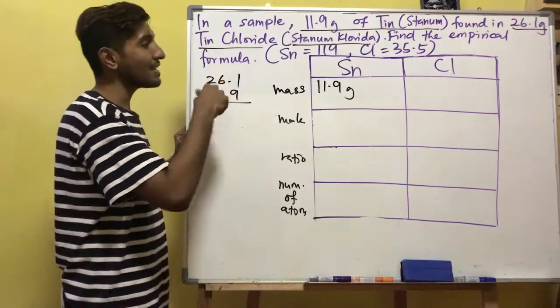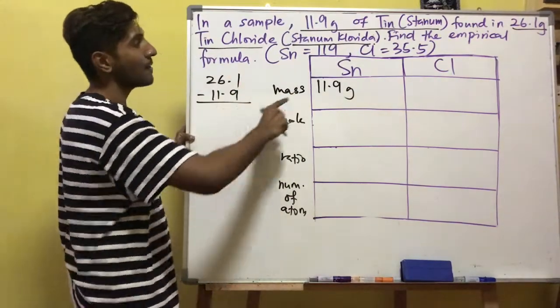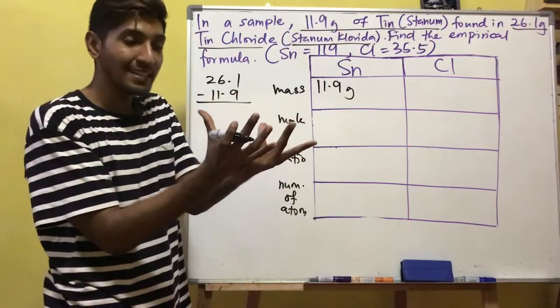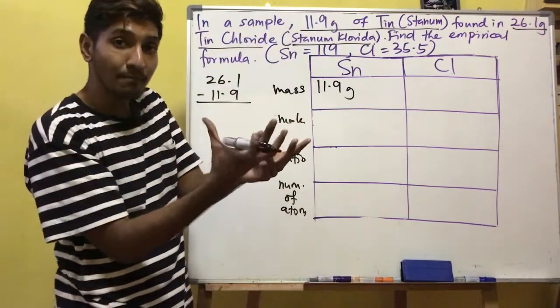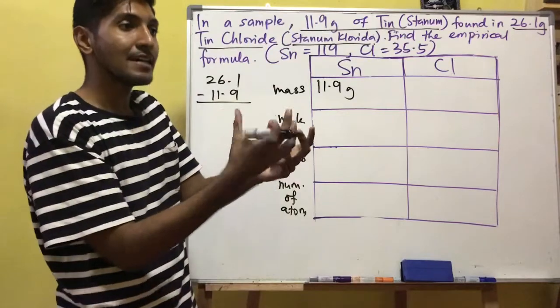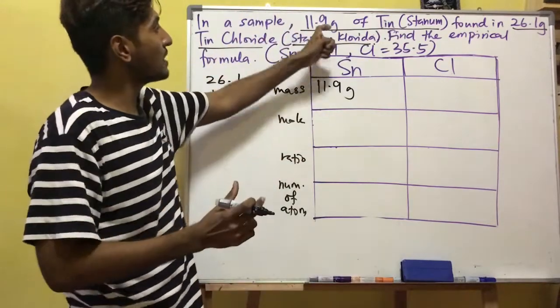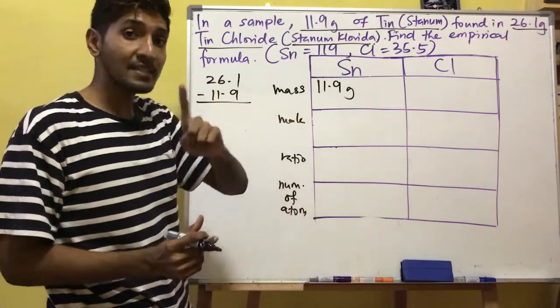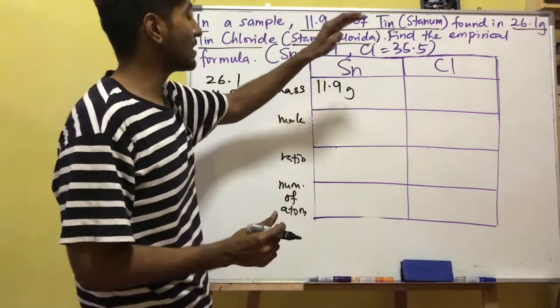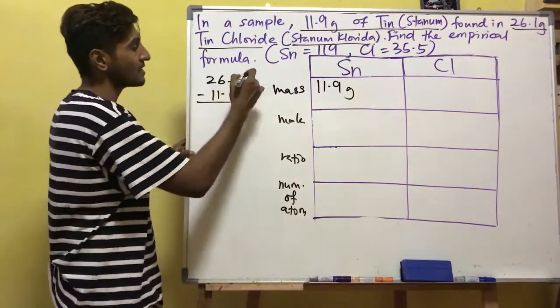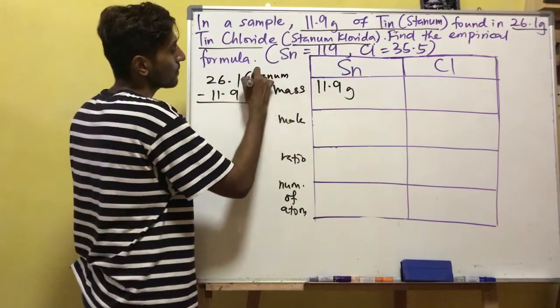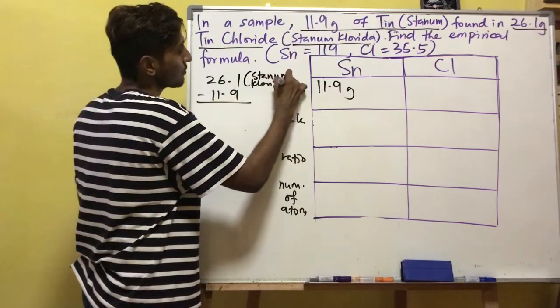Therefore, we assume that if the whole thing is 26.1 and the stannum, which is the metal part or the metal atom in the whole thing, is made out of 11.9 gram, so the rest pastinya chloride. So the rest would be chloride. Therefore, we minus this. So this is stannum chloride.